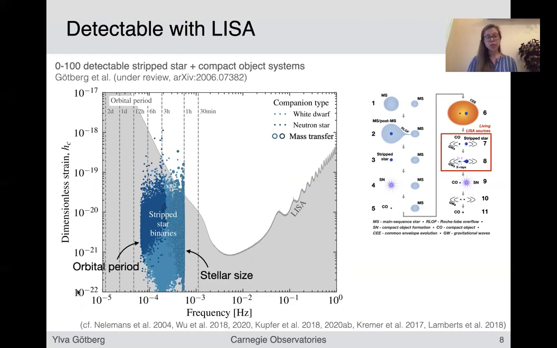The outer edge here is limited by the orbital period, so that's a result of the common envelope ejection.